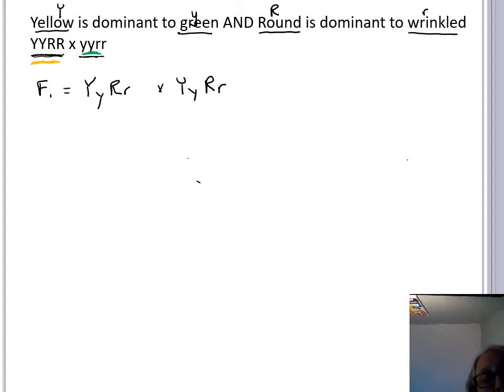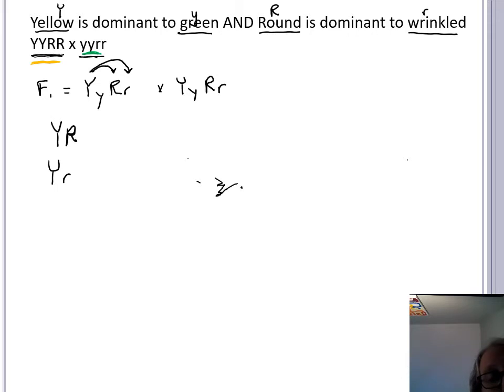So what happens is when we look at these F1 individuals, if we start here with dad, big Y can line up with any of our letter R's. So we have the possibility of getting a gamete that's big Y, big R, or we also have a possibility of getting a gamete that's big Y, little r.